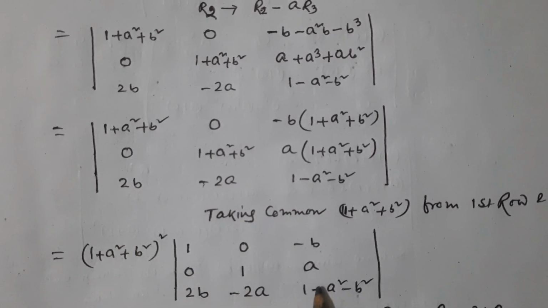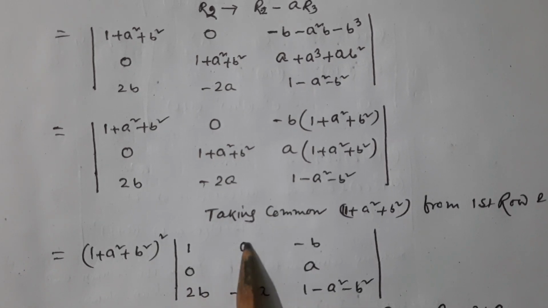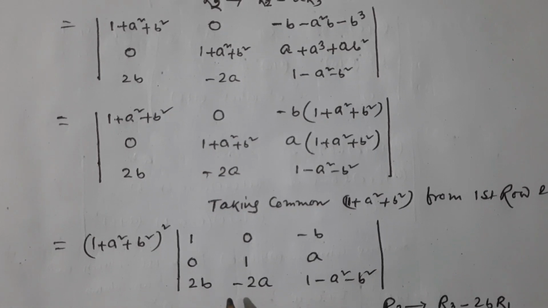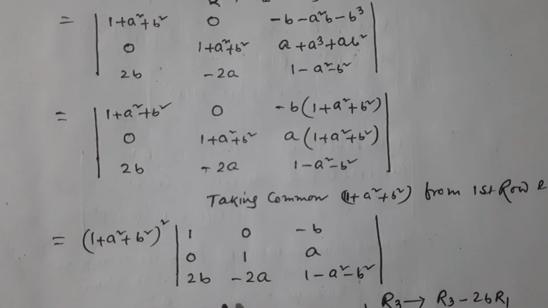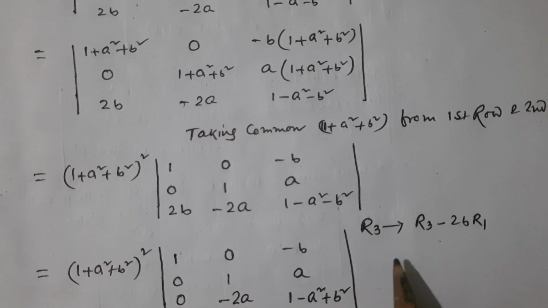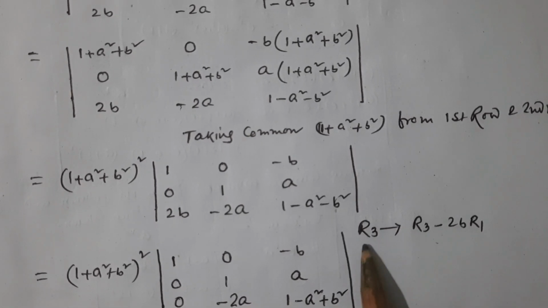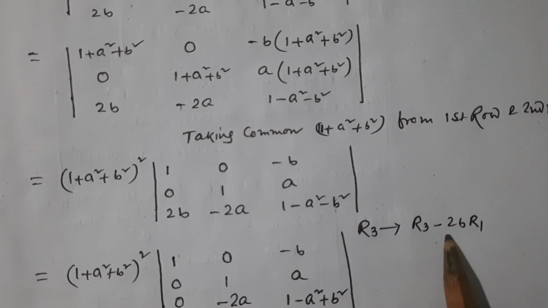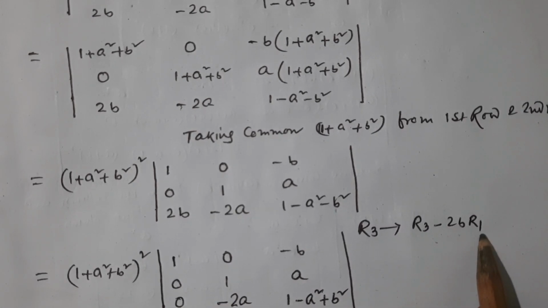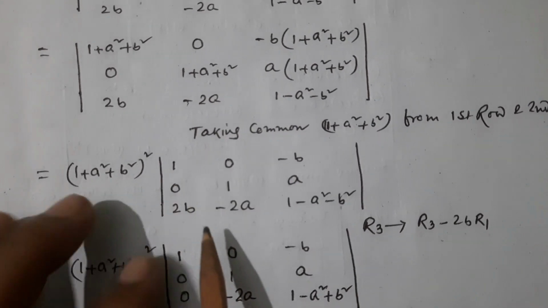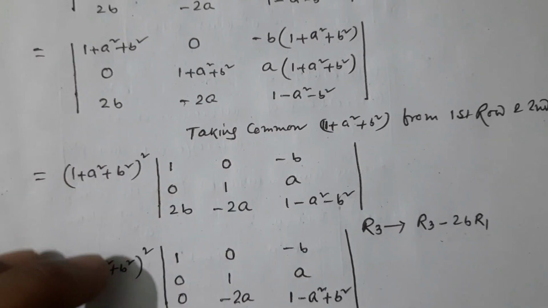Again we apply a transformation. The first column is 1, 0 and the second column is 0, 1. To convert to a 2 by 2 determinant, any one row or column must have two zeros. So we apply R3 → R3 − 2b·R1. Then 2b minus 2b is 0.